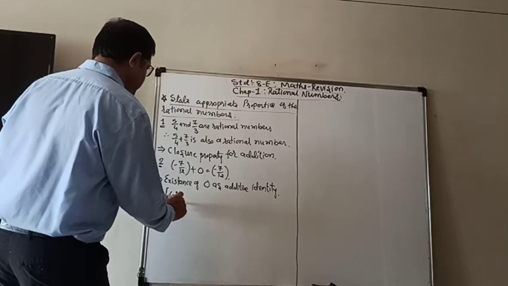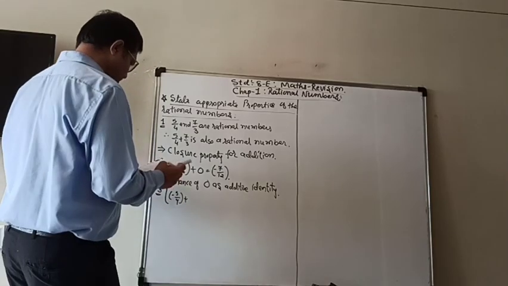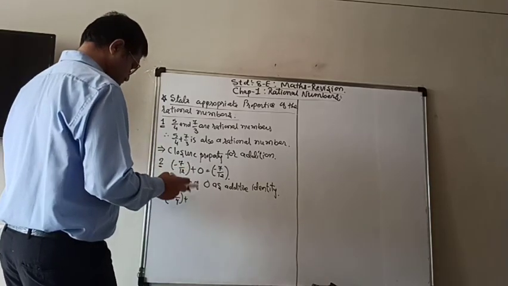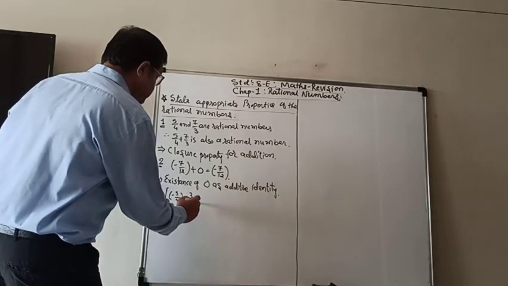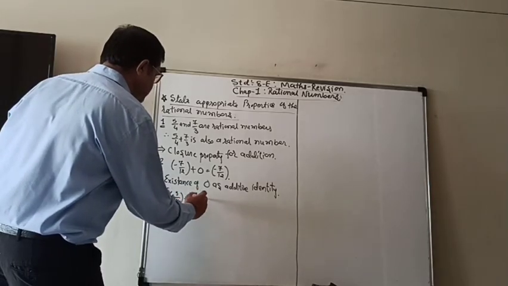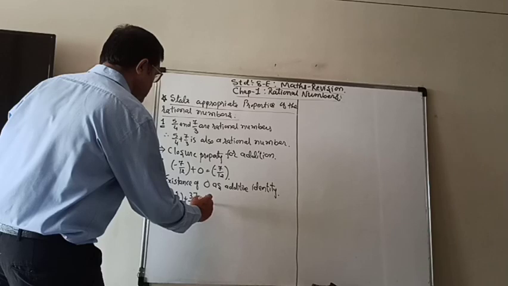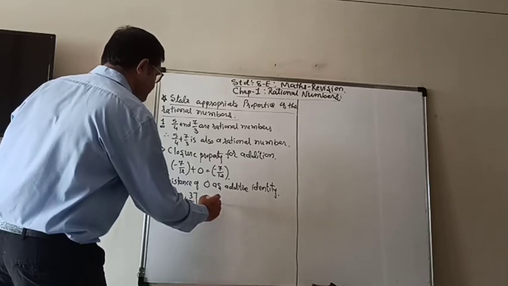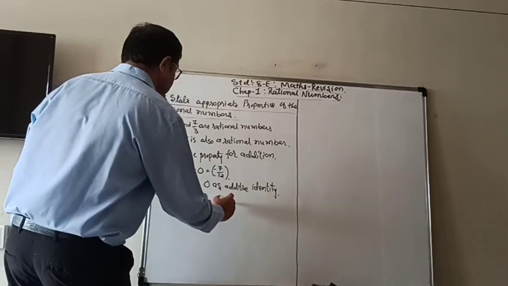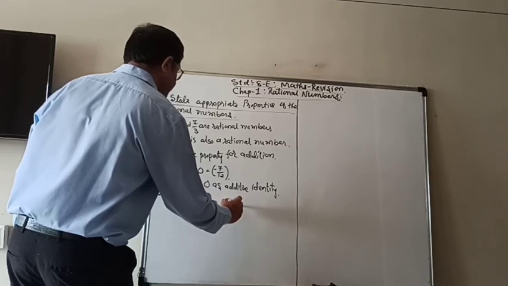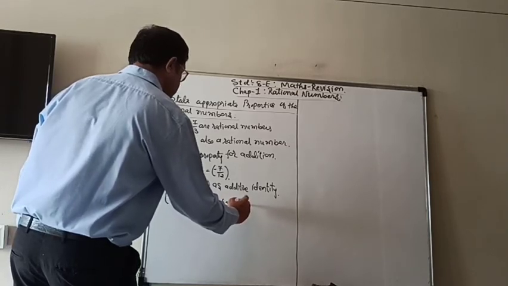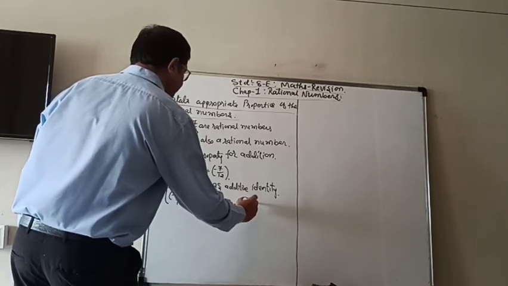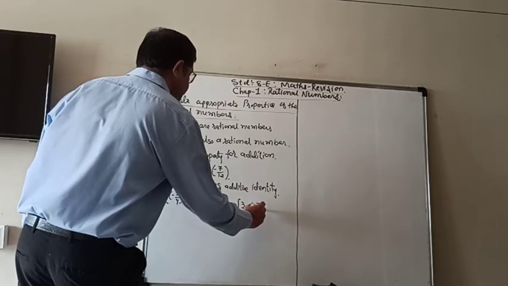Minus 5/9 plus 3/8 plus 4/7 is equal to minus 5/9 plus 3/8 plus 4/7, with the grouping changed.